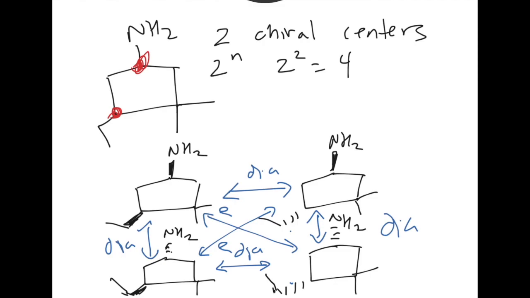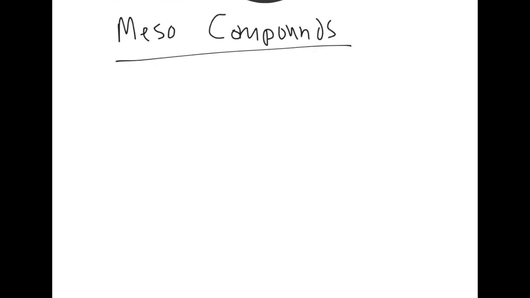So we're going to talk about a special type of molecule, which are meso compounds. Being chiral isn't simply the property of a carbon bonded to four different groups. It's a property that also is of molecules as a whole. A molecule can be chiral or achiral.